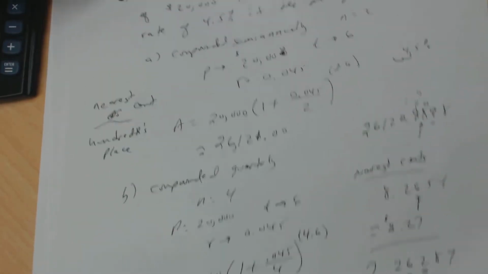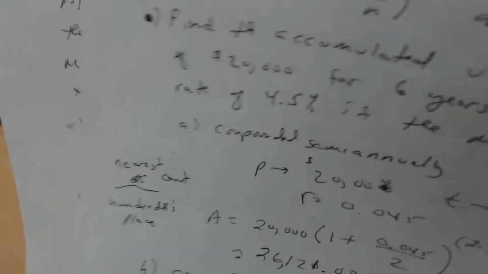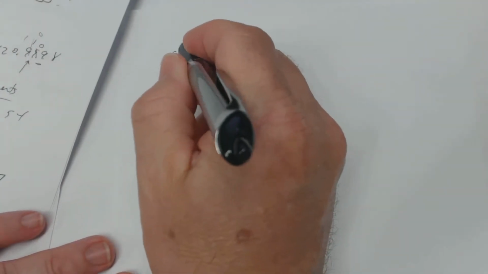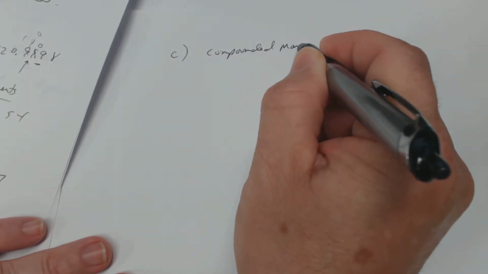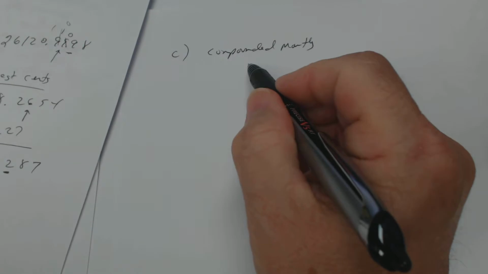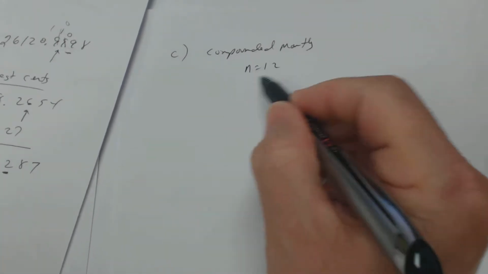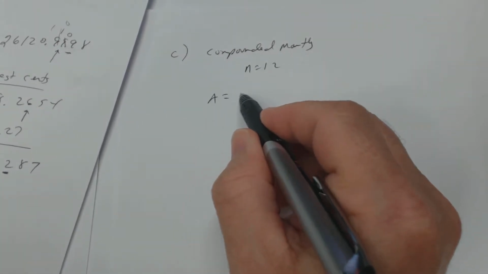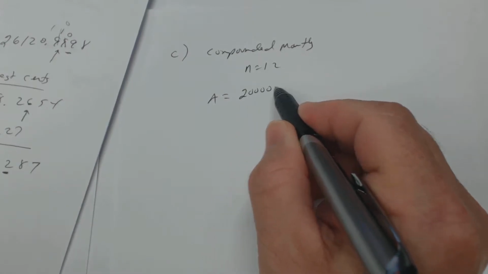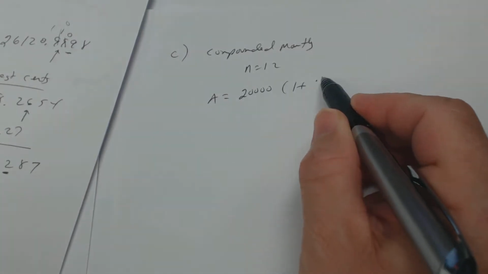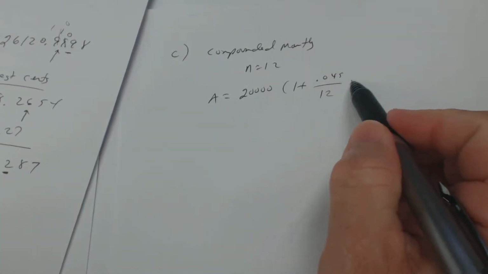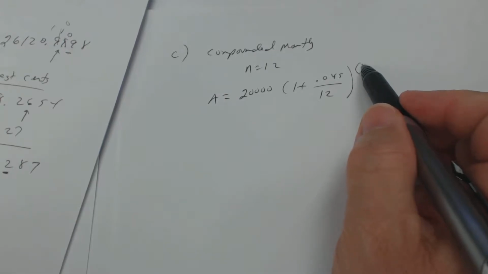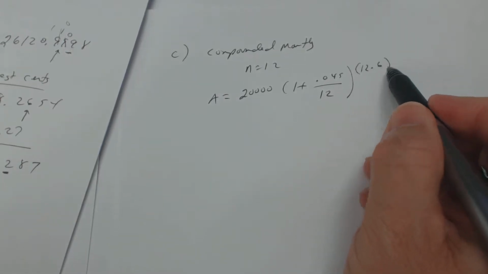In part C, let's say it's compounded monthly. So this time n is 12. Everything else stays the same. So A equals 20,000, that's my principal, times 1 plus R, the rate, 0.045 remember, divided by n, which is 12 this time, raised to the nt power, so that's 12 times 6.